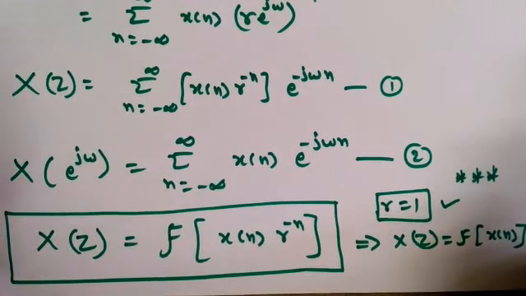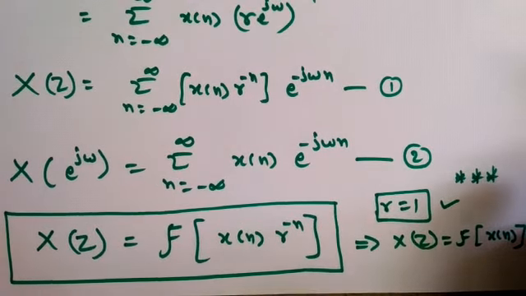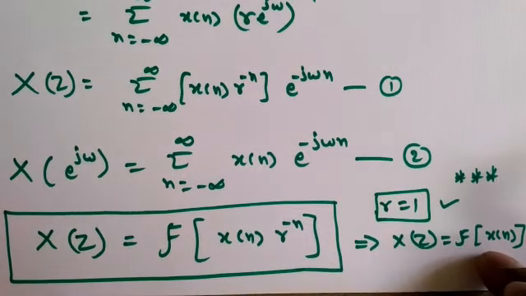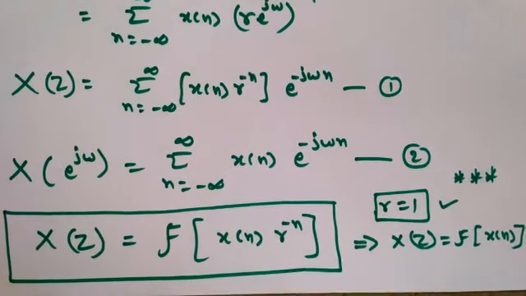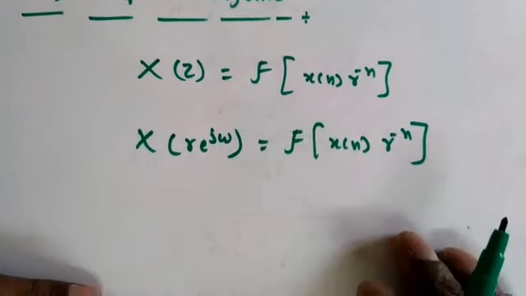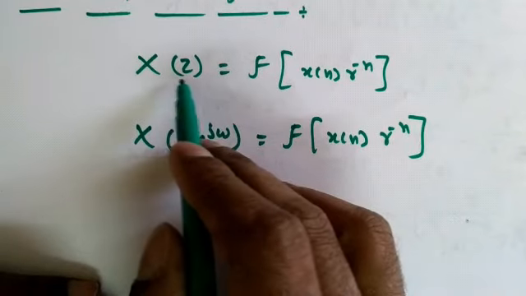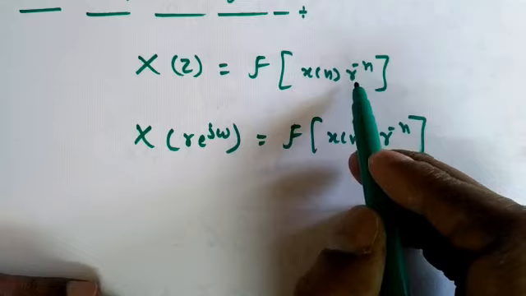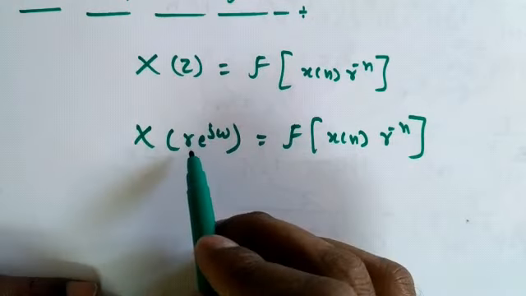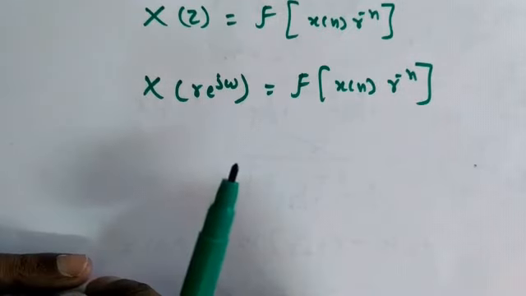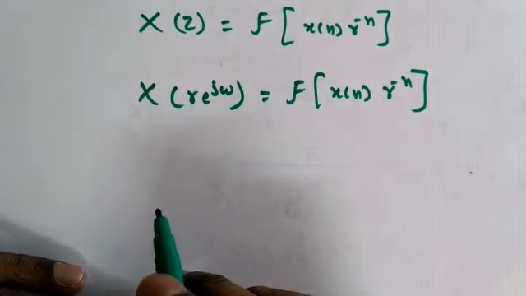So this is about the relation between the DTFT and the z transform, how the z transform is converted into the Fourier transform. Now we'll see what the region of convergence is. We know that this z transform x of z is the Fourier transform of x of n into r power minus n, where z is replaced by r into e power j omega. Now to make this z transform converge, what should happen?